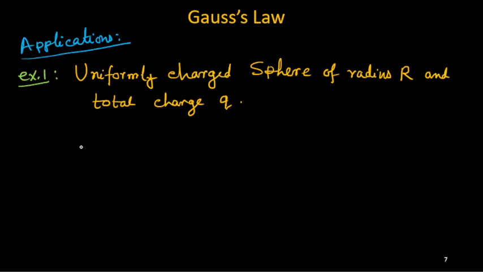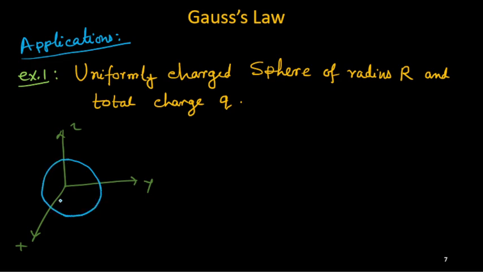So this is the x direction, this is y, and this is z, and we have a sphere whose radius is capital R. Now if I consider a distance small r, at this distance I wish to find the electric field.